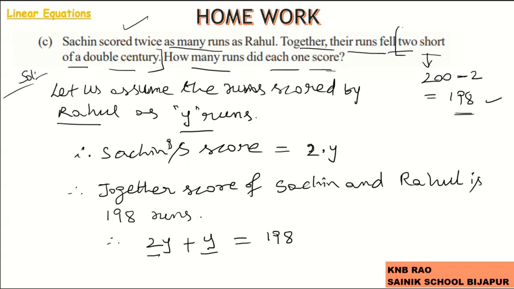So, I hope you can do it at the earliest for the ease of this chapter. So, 2y and y are like terms, they can be added like 2 books and 1 more book, together there are 3 books. So, 3y equals to 198.